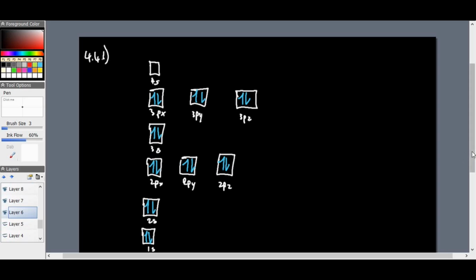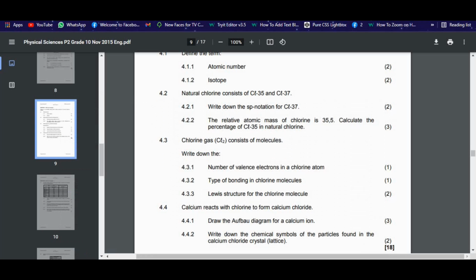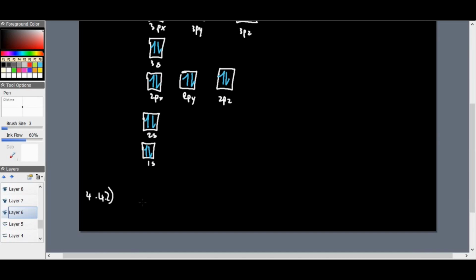Okay, for 4.4.2, which is the last of this 18-mark question, write down the chemical symbols of the particles found in the calcium chloride crystal. Right, the chemical symbols now in the crystal lattice. This is obviously the ions found. Now we know that calcium is a Ca2+ ion, and the chloride is Cl- in ionic form.